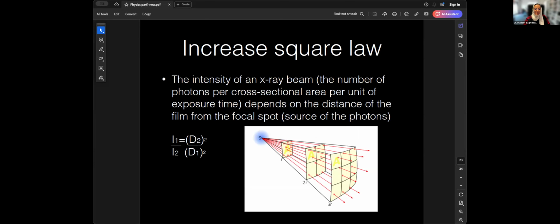So the intensity of the X-ray beam, meaning the number of photons, okay, per cross-sectional area per unit of exposure time depends on the distance of the film from the focal spot. يعني أنا كل ما بعدت my film or from my receptor from the X-ray source كل ما حيقل عدد الفوتونز اللي جاية على هذيك المنطقة. ليش؟ لأن الفوتونز كل ما تبعد كل ما يوسع مكانها زي الكون.